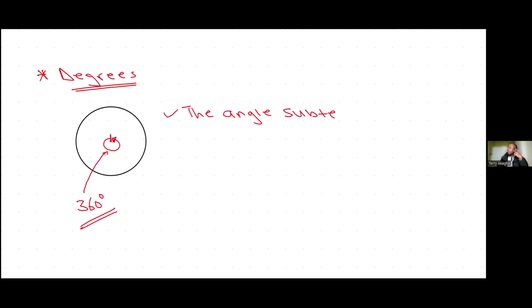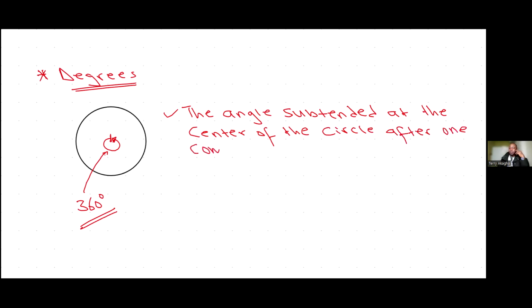The angle subtended at the center of the circle after one complete rotation of the radius is 360 degrees.